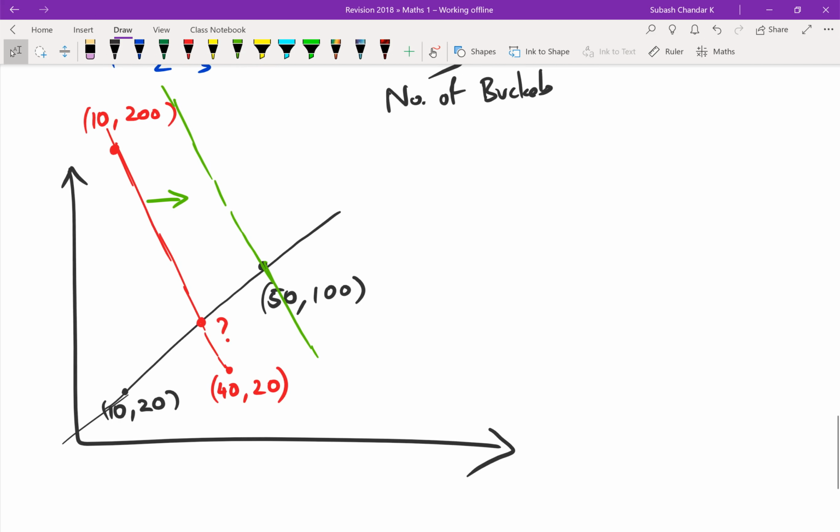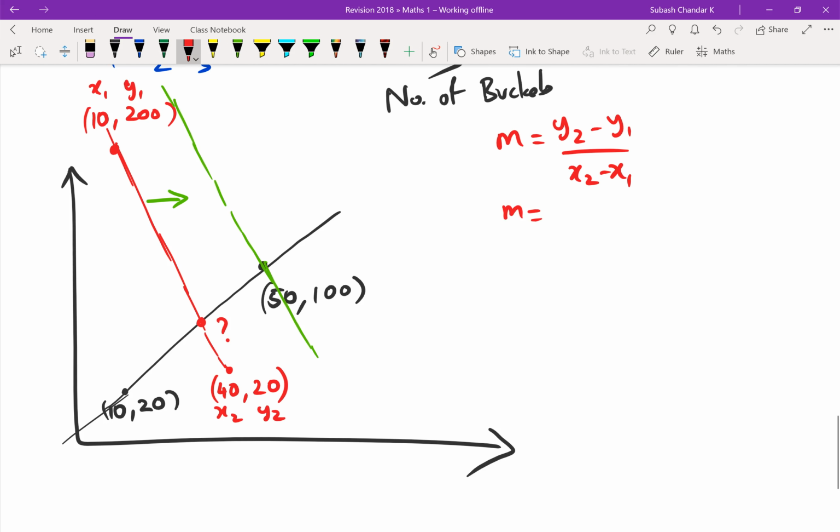So I did ask you guys to move the red line to the green line. Now, that means the red line and the green line have the same slope. I can work out the slope of the red line by doing this. Gradient is change in y over change in x. So we got x1, y1, x2, y2.